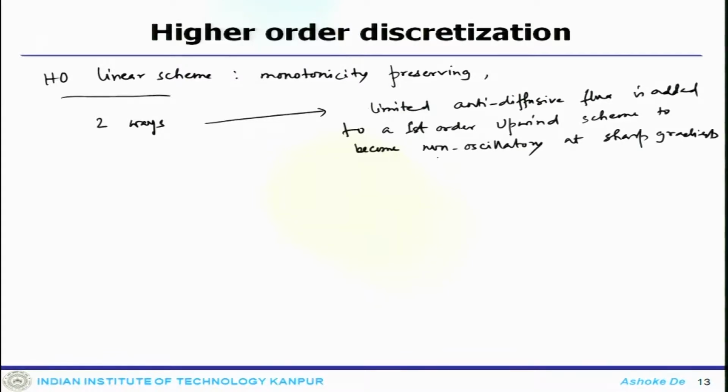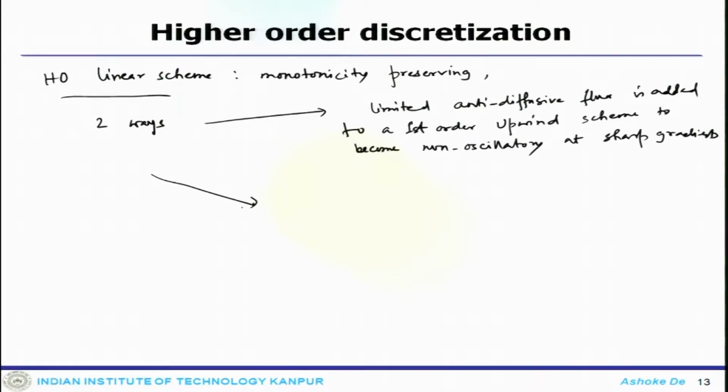The problem arises when there is a sharp gradient present in the domain. There the upwind scheme adds so much diffusion that the results smear out. To avoid that, some limited amount of anti-diffusive flux can be added. That could be one approach.